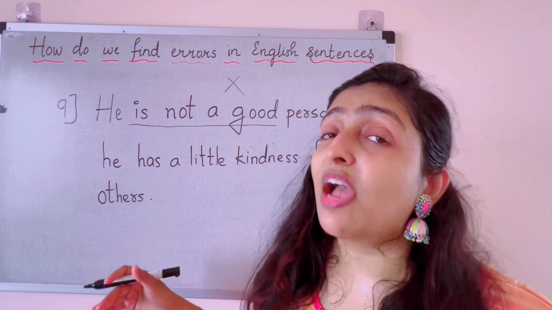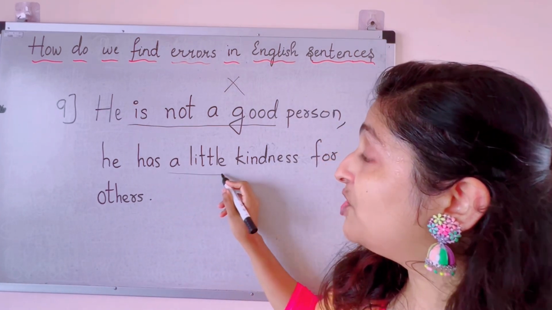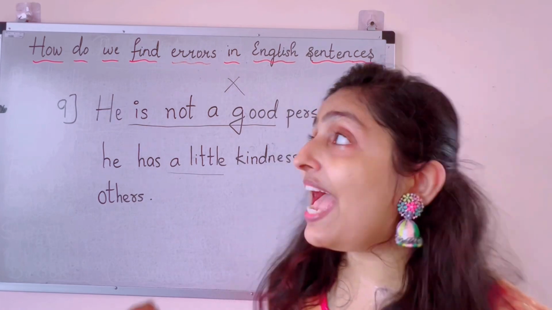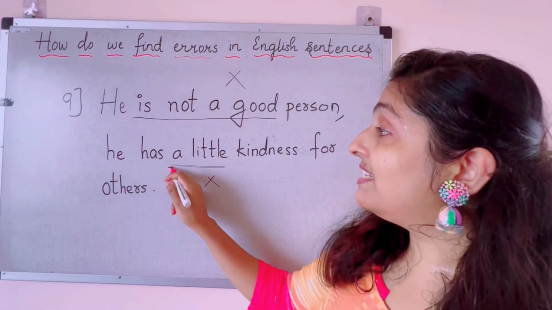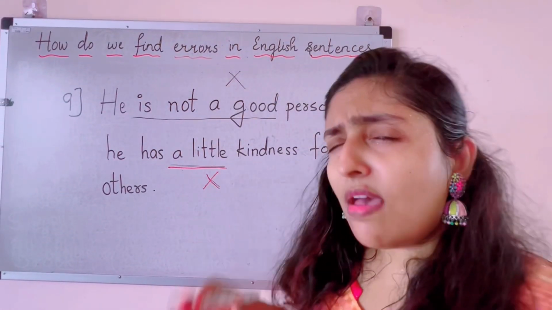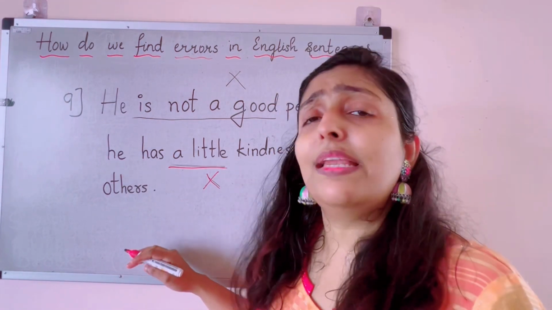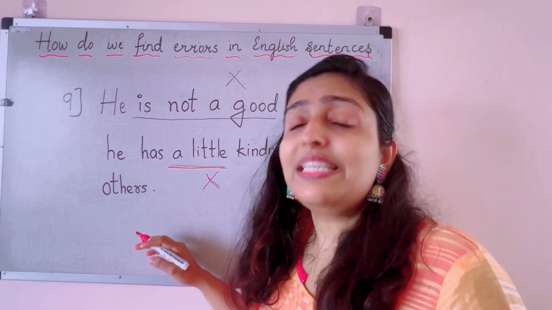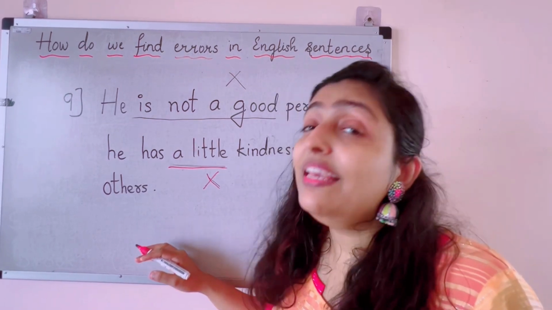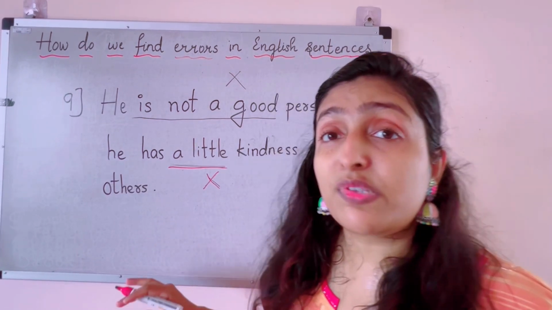Now there is confusion among people between a little and little. A little means some or a small quantity. He has some kindness in him. But little means hardly any. He has no kindness at all.